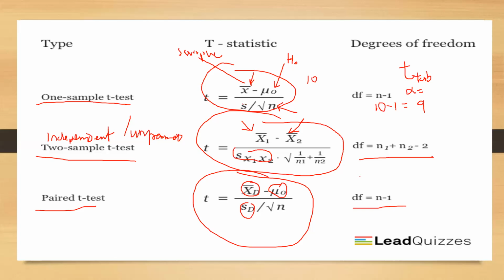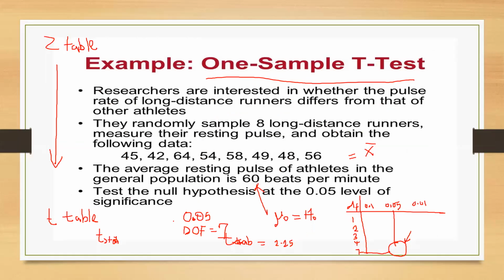So you calculate the standard deviation and then you substitute into this formula. You will compare what you get with this value, this is your T-tab. If that value is greater than this, then you reject your H naught. If it's less than this, then you retain your H naught. Any other question?